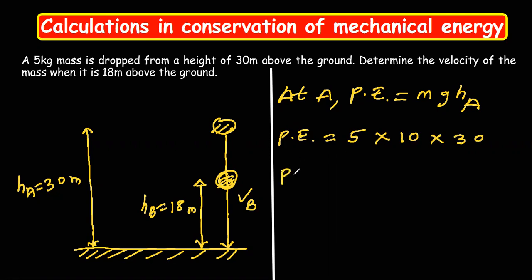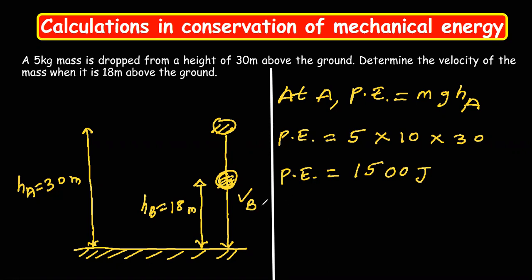Then we can say that 5 times 10 is 50, and then 50 times 30, we should have 1,500 joules, because we calculated the potential energy at A. So that is the unit of energy. So now we have calculated the energy possessed at A, which is also the total energy possessed at A.